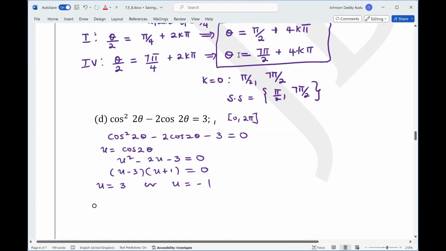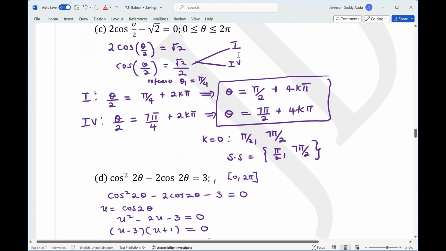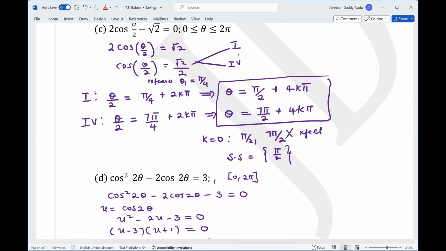We have to reject this one. Okay, come back here. I think I've seen something. What is the range? We need from 0 to 2 pi. So this has to be rejected actually because this is 7 pi over 2. So the solution should just be pi over 2. So this has to be rejected.